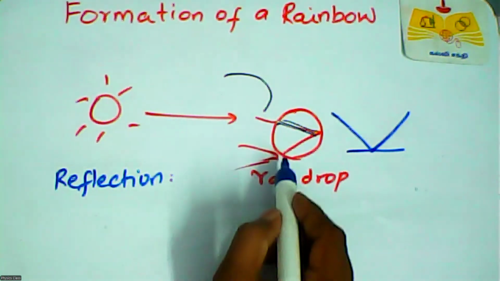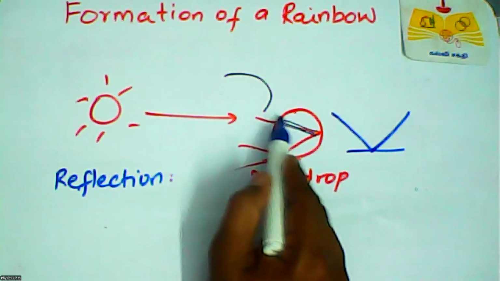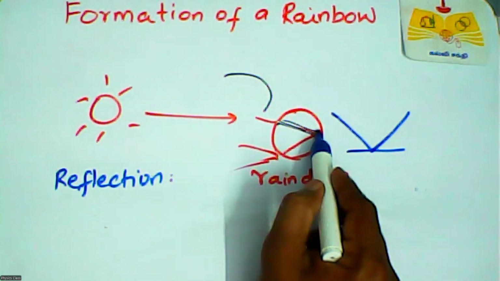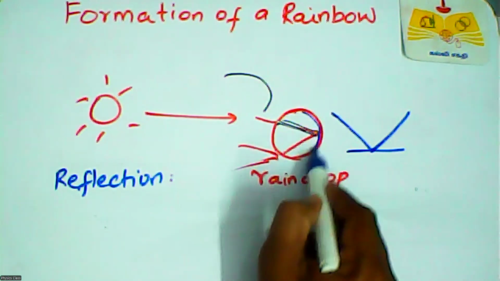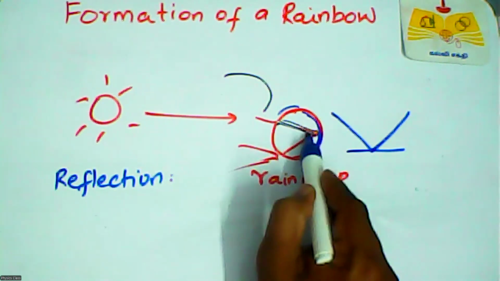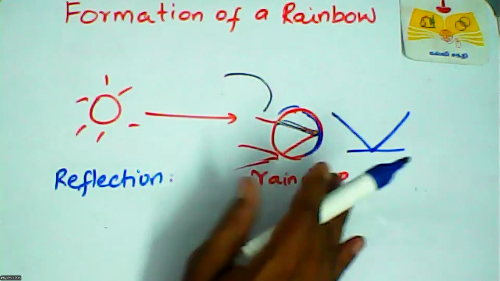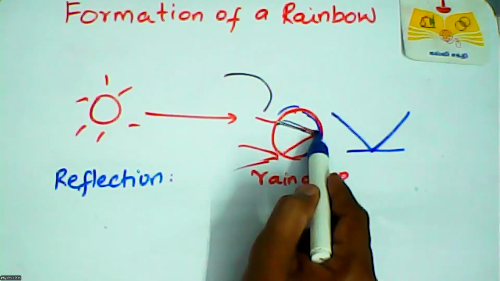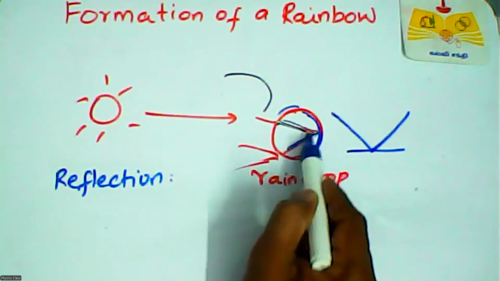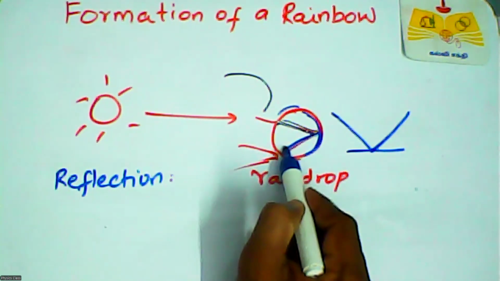So here, inside the raindrop, the light encounters the inner surface. This is called the inner surface, and this is called the outer surface. At a specific angle, light bounces back.